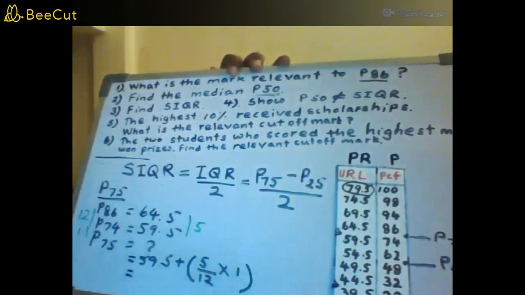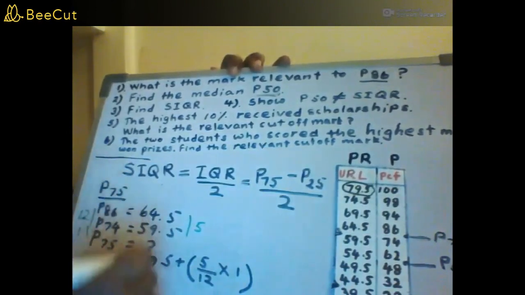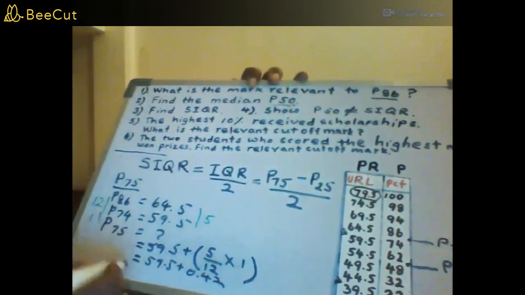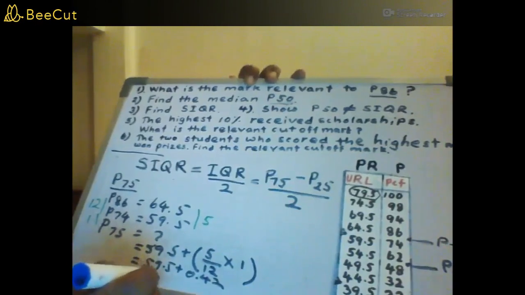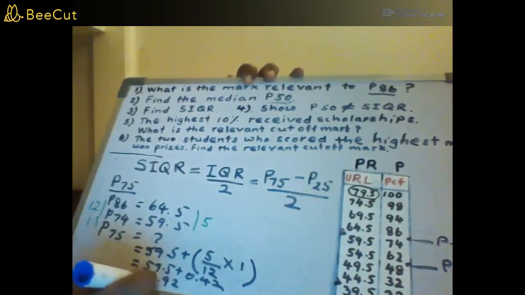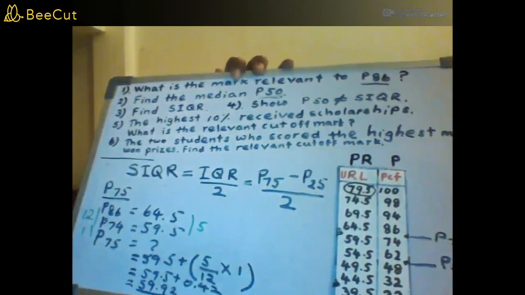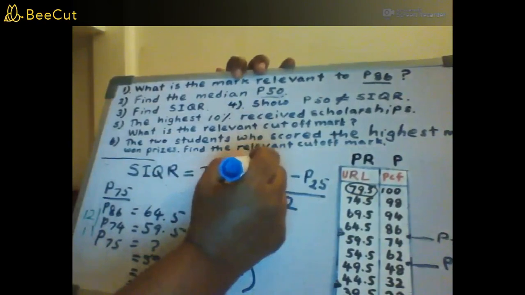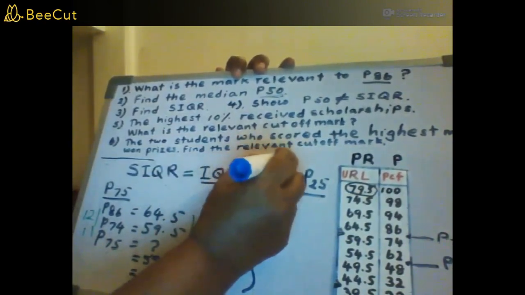So here the answer is 59.5 plus 0.42. Final answer 59.92. That is P75, 59.92. We'll write it here, 59.92.